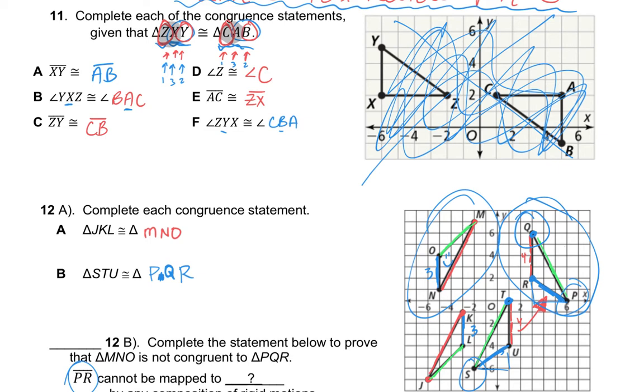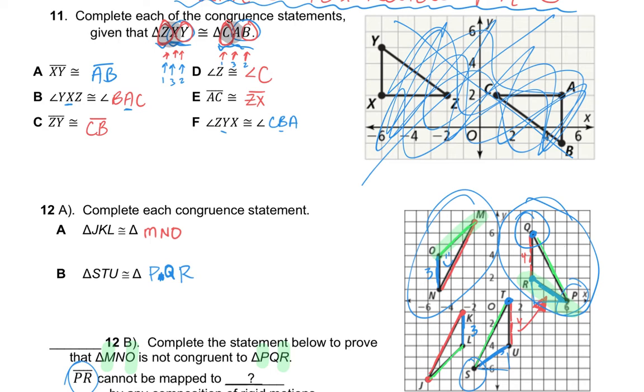Let's see, PR is not the same as, which one should have been the same as PR? So PR, if the statement was true, would have been the same as MO. And it's not the same.